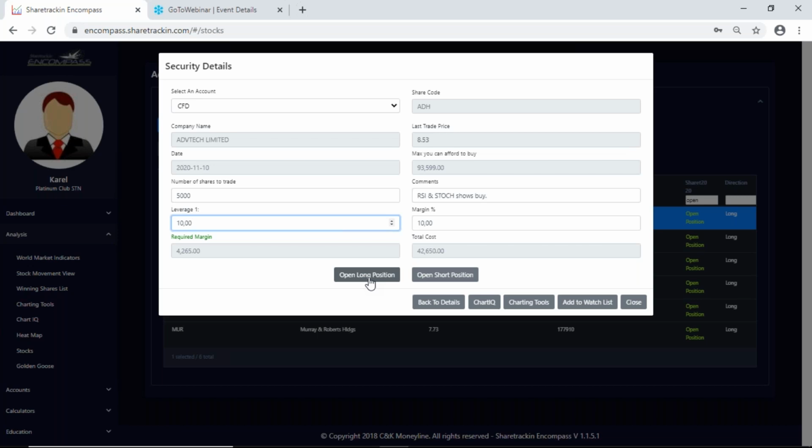Because my refined advisor tells me open position long, I can go and open a long position. So then I say open long position. Here it tells me successfully open position ADH. And now I can close it here.